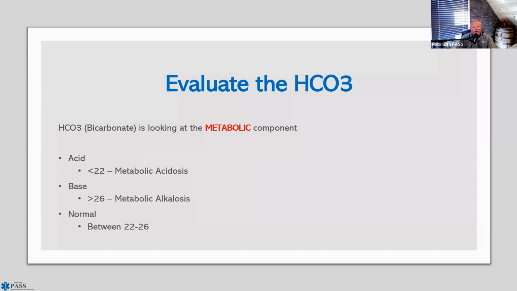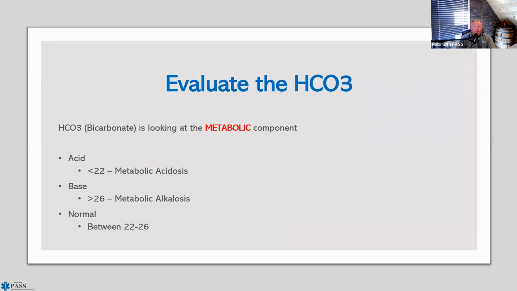Then we evaluate the bicarb, or the HCO3, and that is looking only at the metabolic component. If it is an acid, it is going to be less than 22. That's giving you a metabolic acidosis. And if it is a base or greater than 26, we know that we have a metabolic alkalosis.